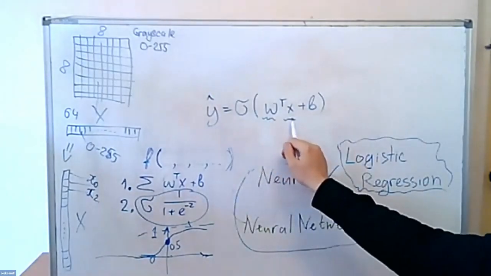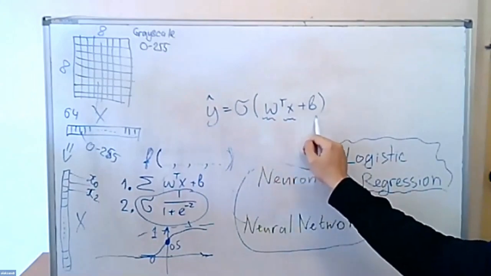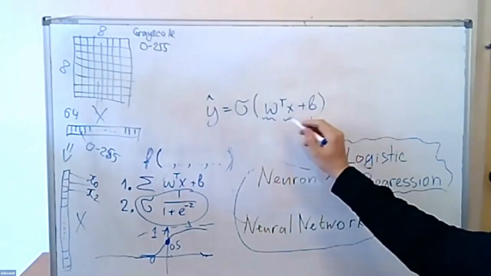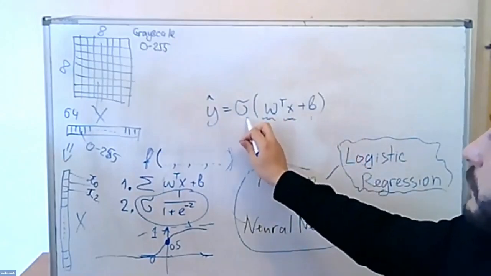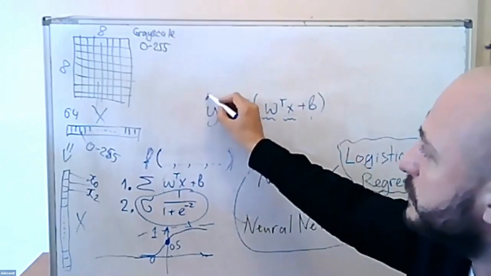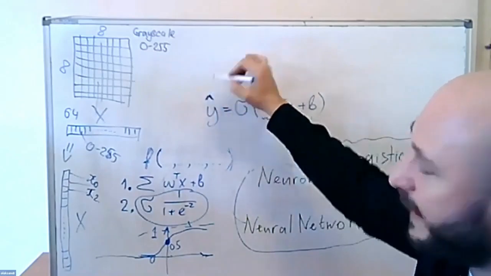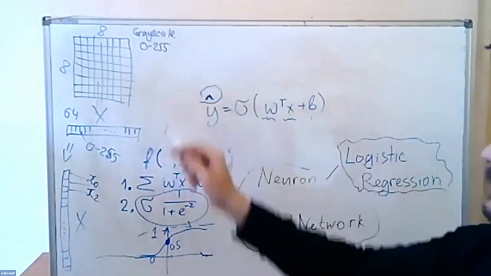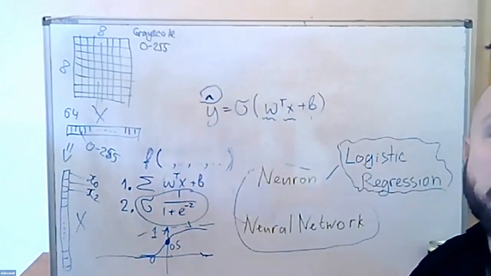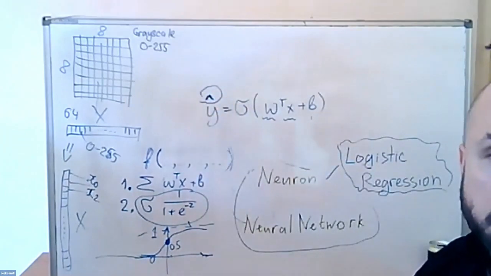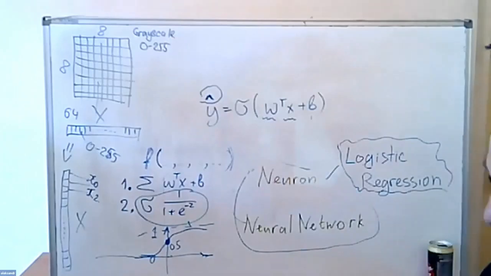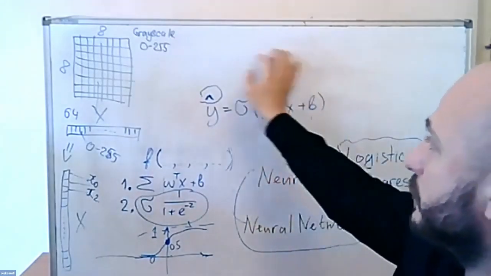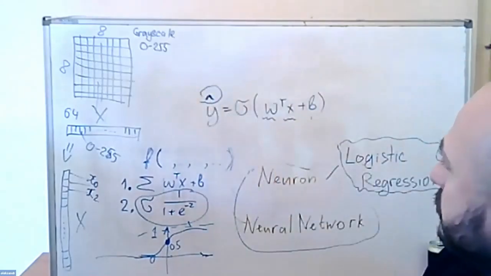One vector times another vector plus this bias we discussed before, and then we get the prediction. In machine learning, this hat notation usually means that this is a predicted value. So this is logistic regression.